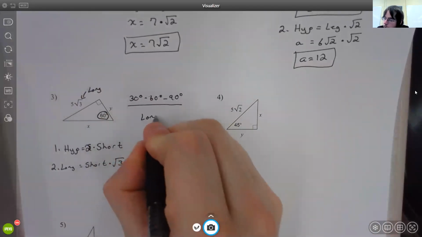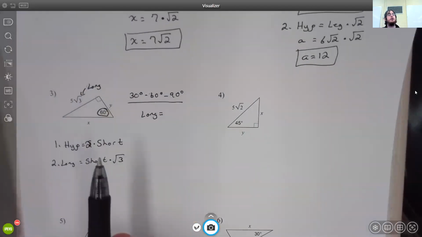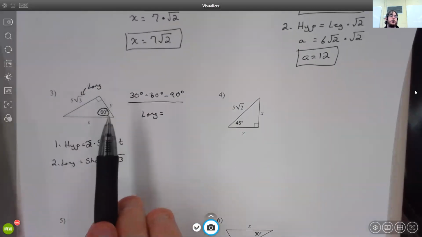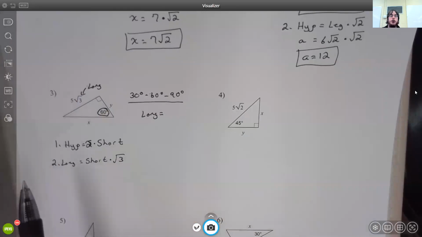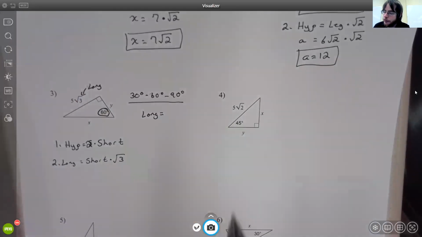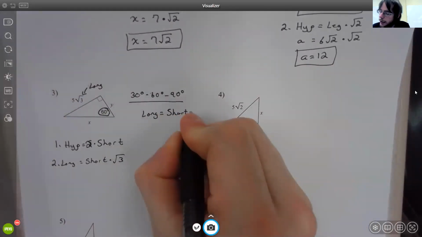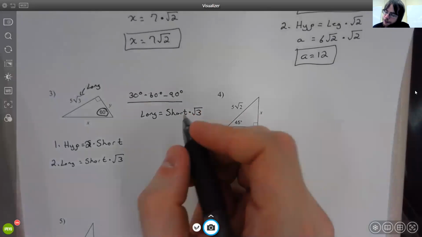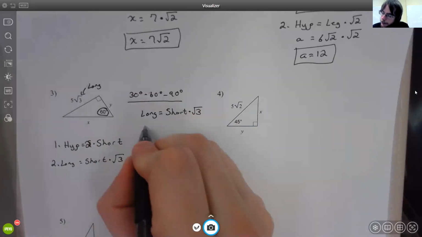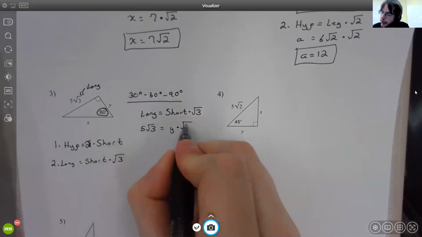Since we know our long leg and we want to find our short leg, we have to use the second formula, because it's the one that relates the long and the short leg together. So the long leg is equal to the short leg times √3. Our long leg is 5√3, our short leg is y, and then times √3.